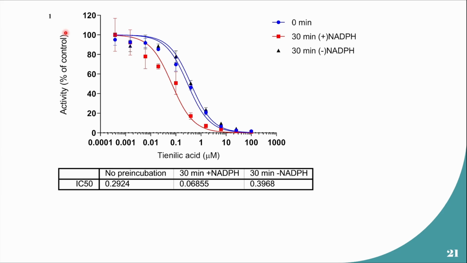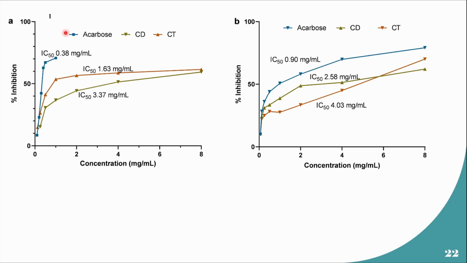So if you are comparing three different environments or three different drugs, you can use these types of plots. Another type of representation is the percentage of inhibition. It is the opposite here: at how much concentration you are getting the percentage inhibition. If the percentage inhibition reaches 50 at a certain point, then you can consider that as the IC50 value, right?